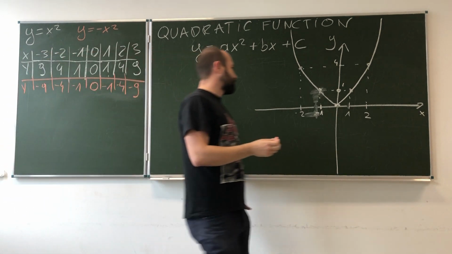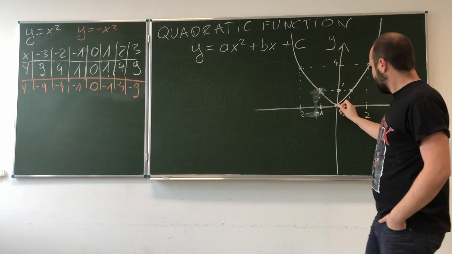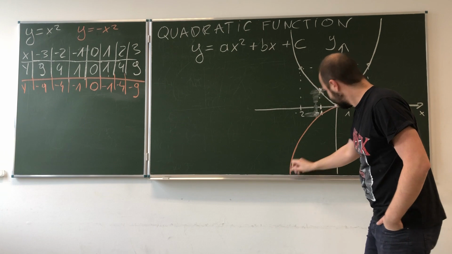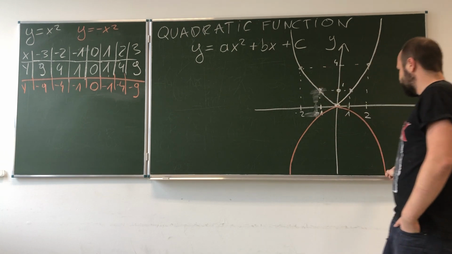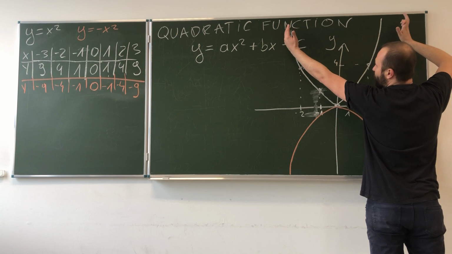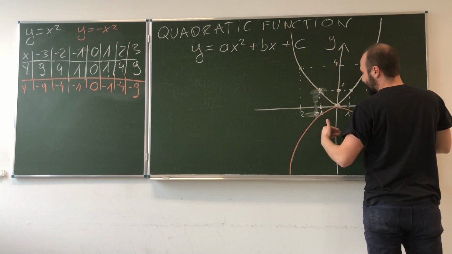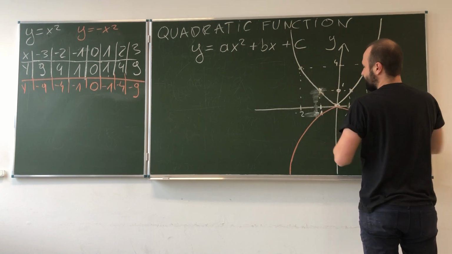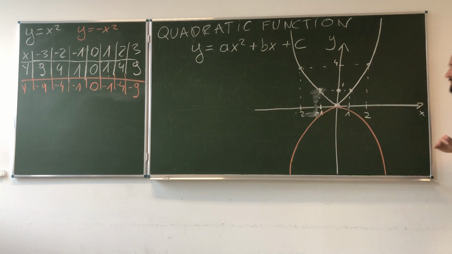Okay, so if I'm going to draw this function right now, it will look like this. And look, I know you might probably not see it on this graph, but now what we have is a mirror reflection of the old curve with respect to the x-axis.